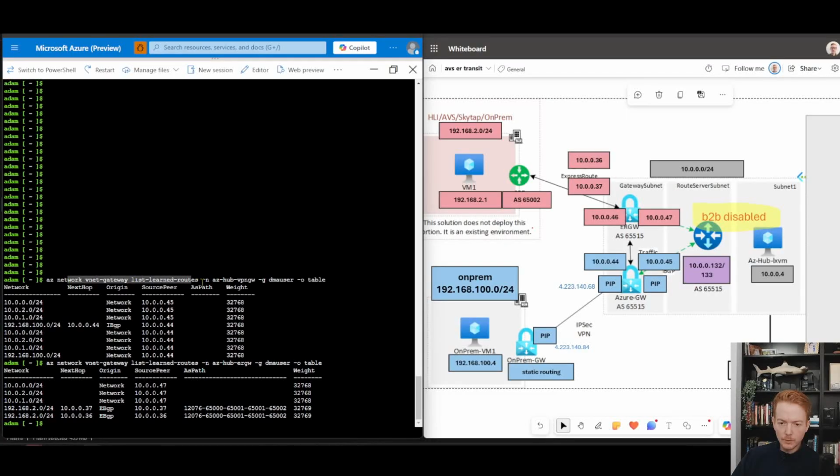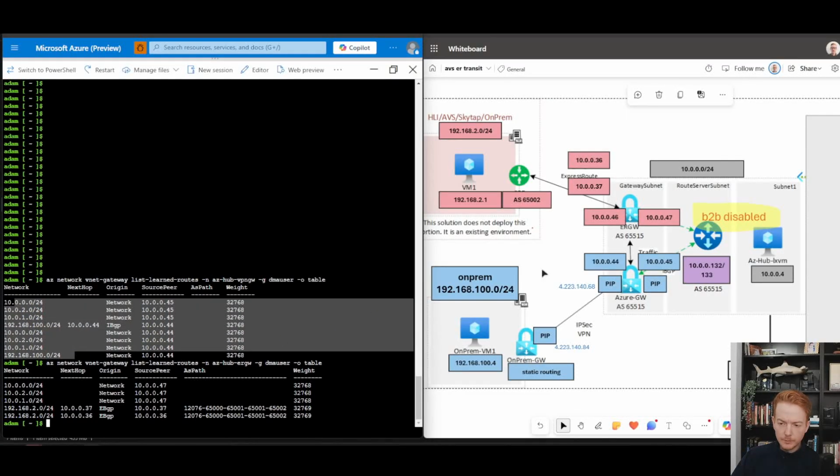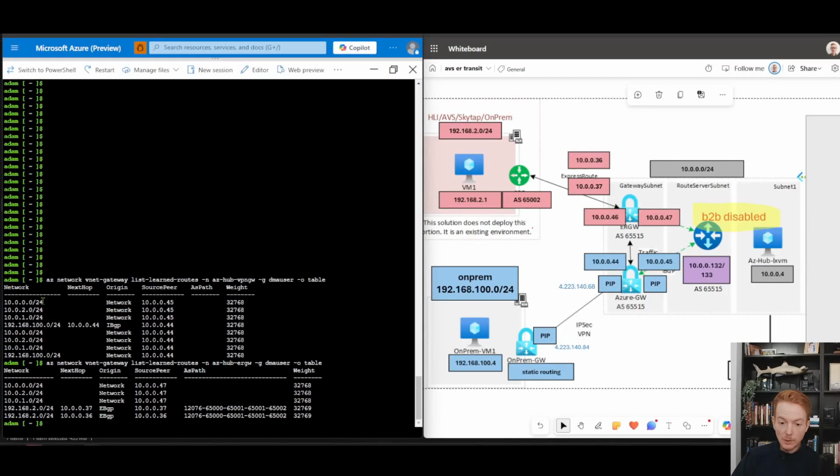If we look at the VPN gateway, it has no idea that 192.168.2.0 exists. It would have no idea how to route that traffic. It would get it and effectively black hole it, even if our VPN gateway was statically routing that traffic. And in fact, there would be issues with the traffic selectors with the IPsec setup anyway.